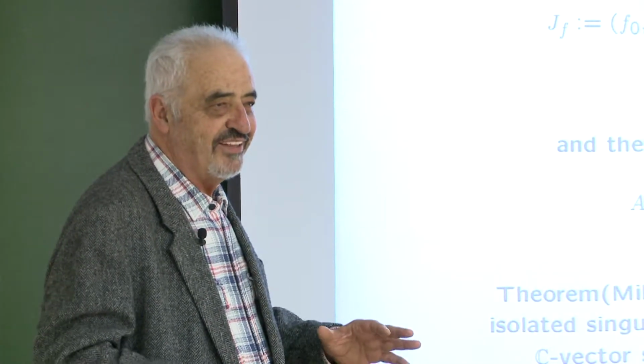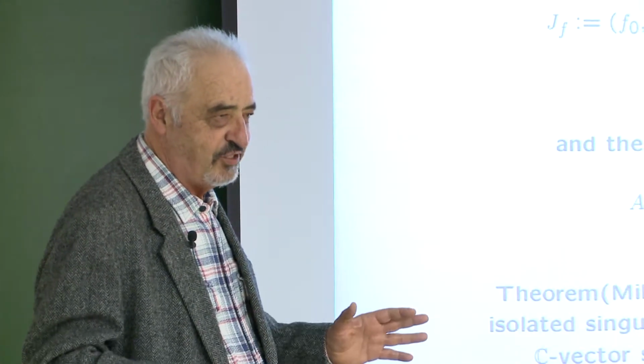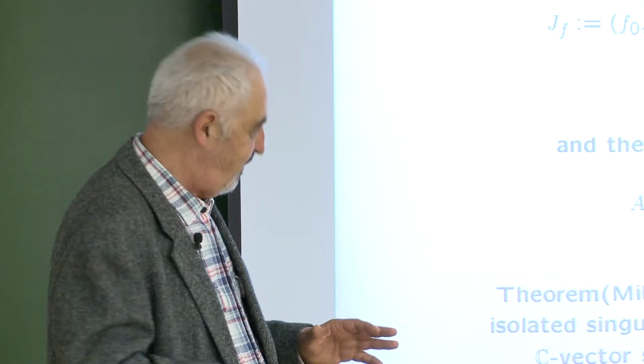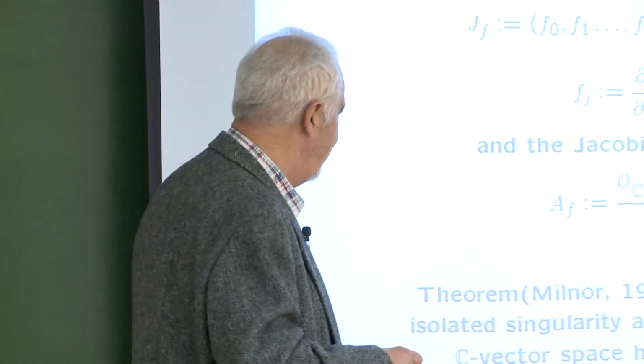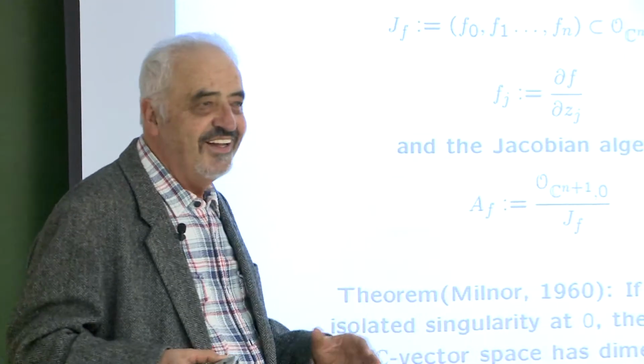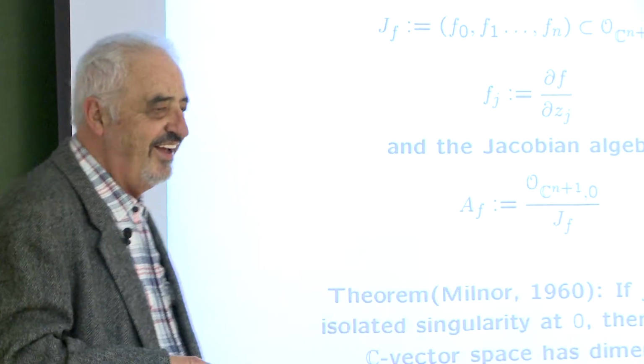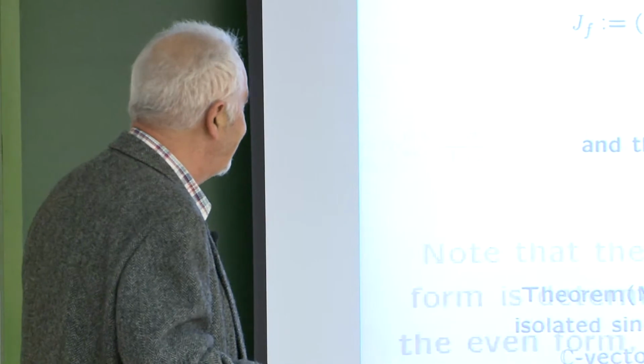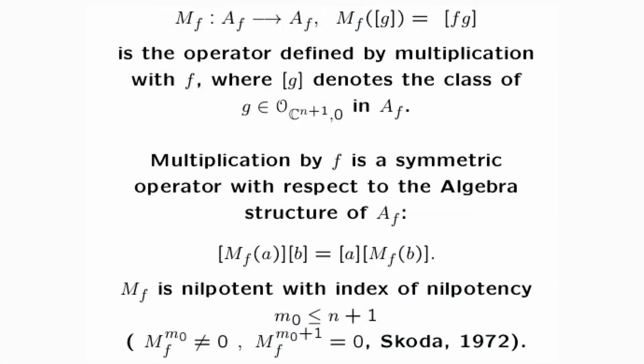Now, this does not give you a map between the algebra and the cohomology. It just tells you that the two vector spaces have the same dimension. But is this an accident? What's deep in here? Now, here we have multiplication by f in this algebra.